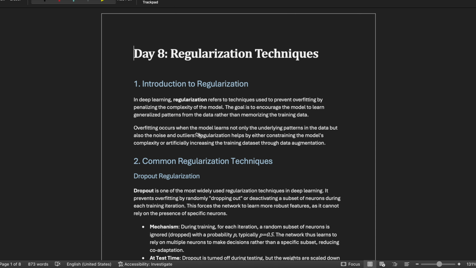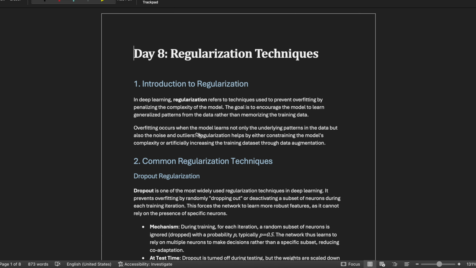So basically, if you have a neural network, this is a classification problem, and the model is trying to learn every aspect. It's not getting the idea, the pattern of our data. It is just trying to learn. In this diagram you can see the model is trying to learn every data point of the training data.